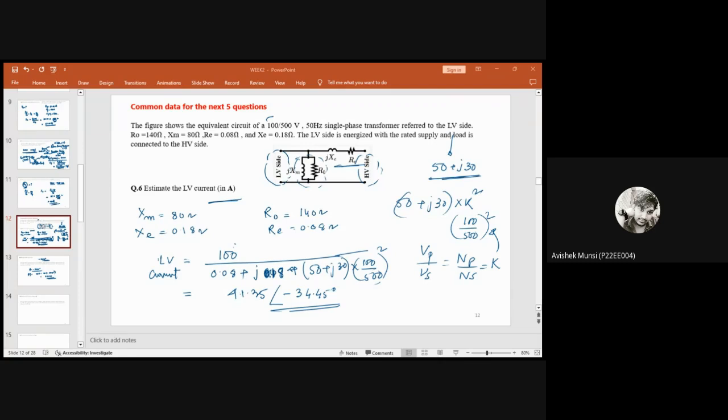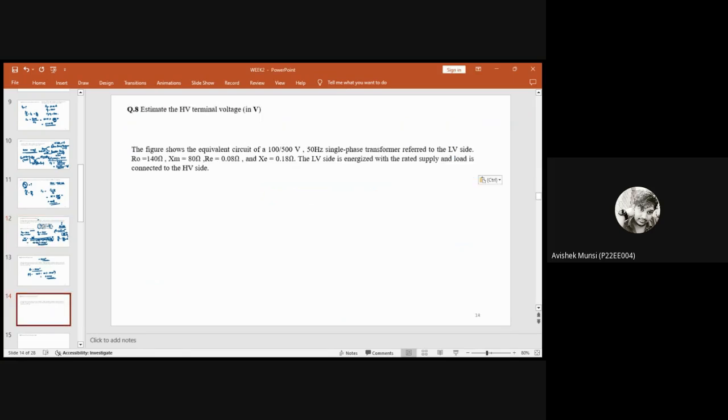So if it is correct, then solve for the HV current. Okay. So HV terminal voltage.